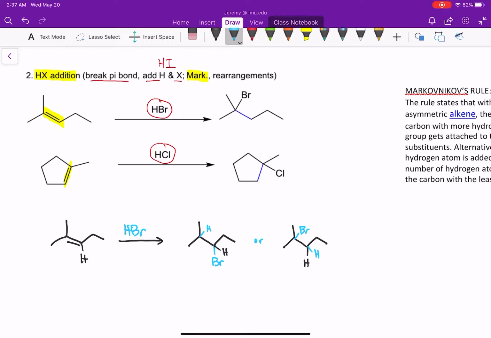He took lots of alkenes, okay, and added protic acids to those and studied what the final products were that were formed.